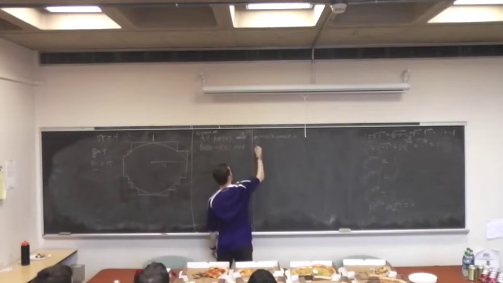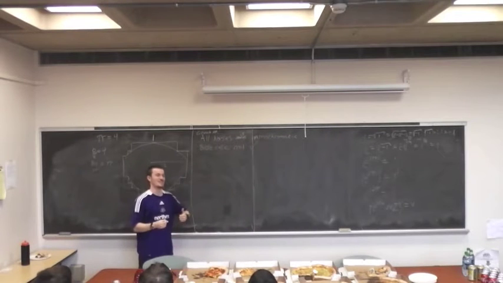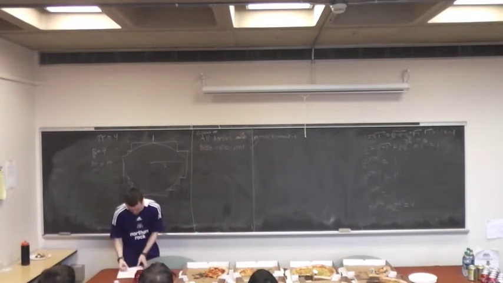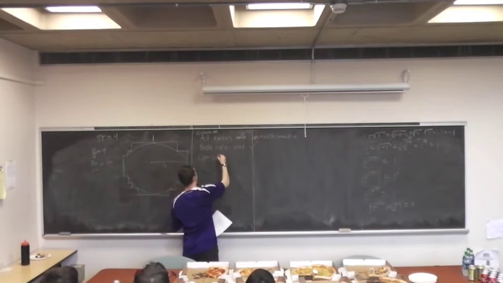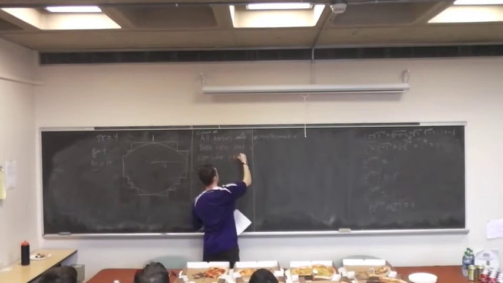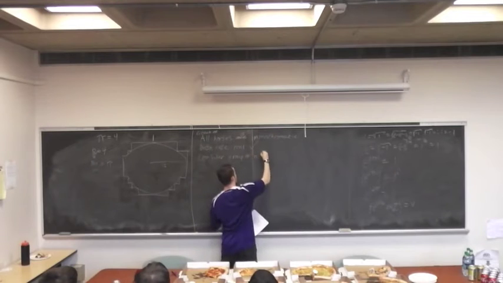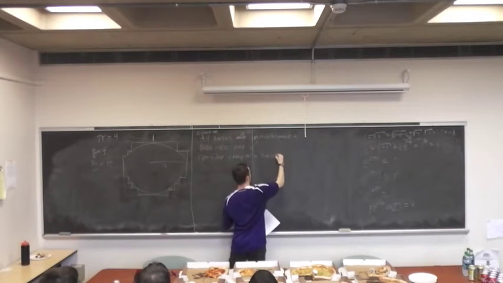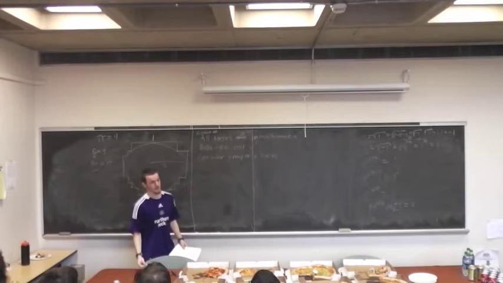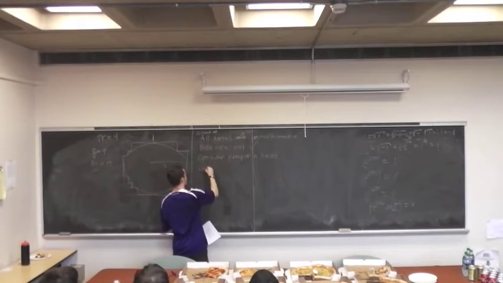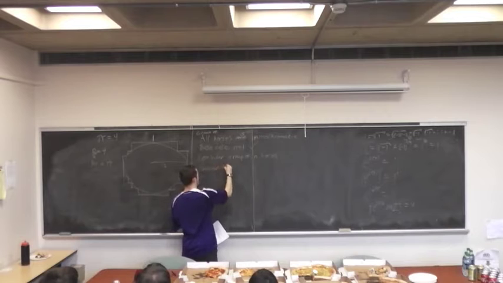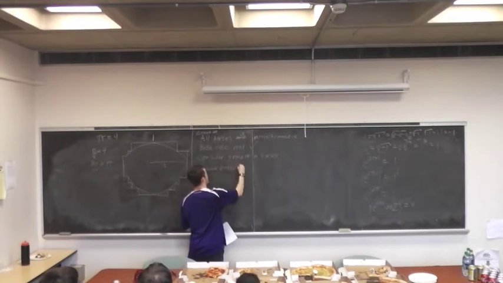So, base case, n equals 1, we're good. Okay, so now consider a group of n horses, and suppose it's monochromatic. So now consider your n plus 1 horse.